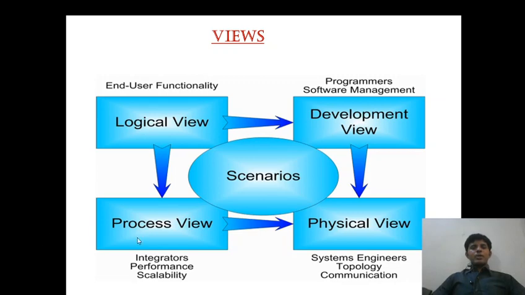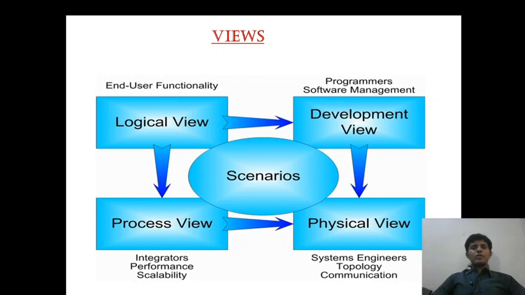And see, process view. A process view is nothing but how a particular system views that particular project. There may be a number of processes involved in your project: process 1, process 2, process 3 and so on.